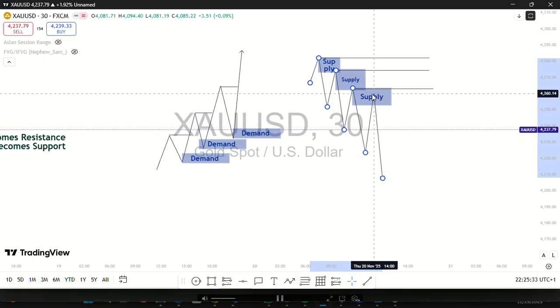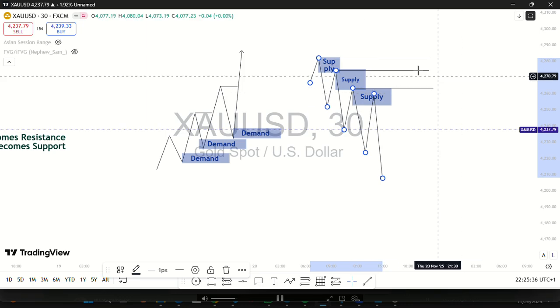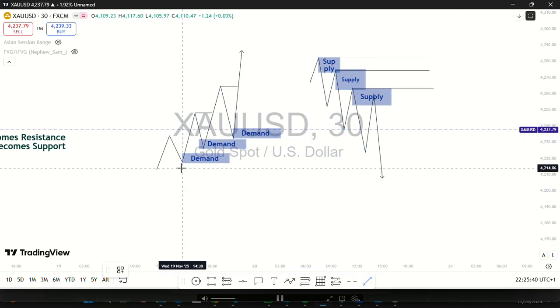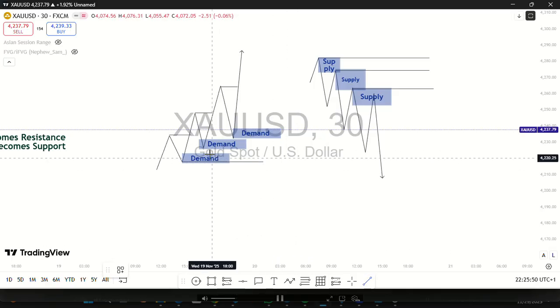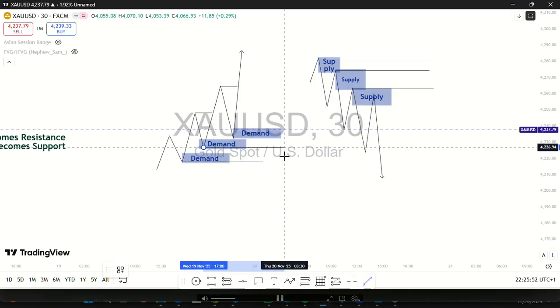So all these tips are resistance levels. In a bullish market, when the market is going up, these lows here are called support.